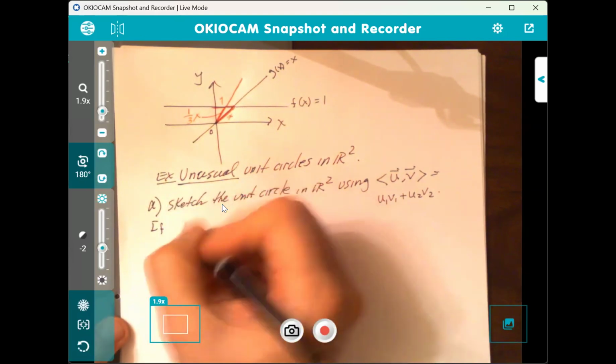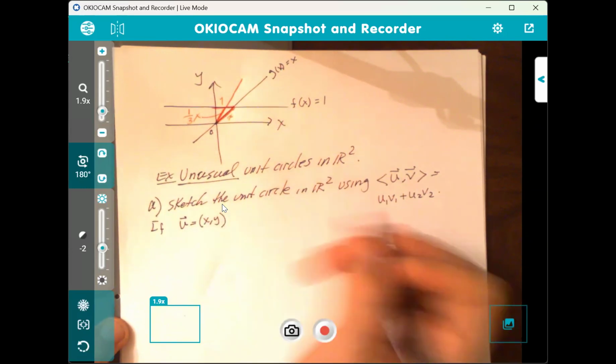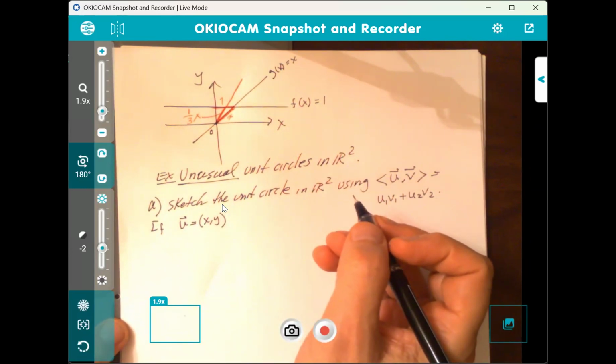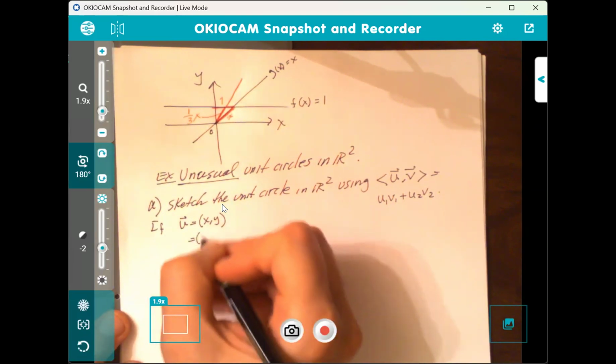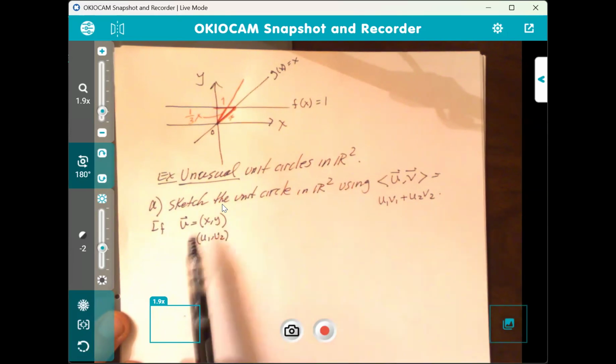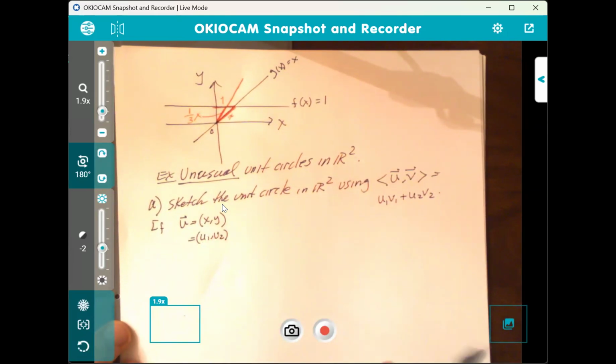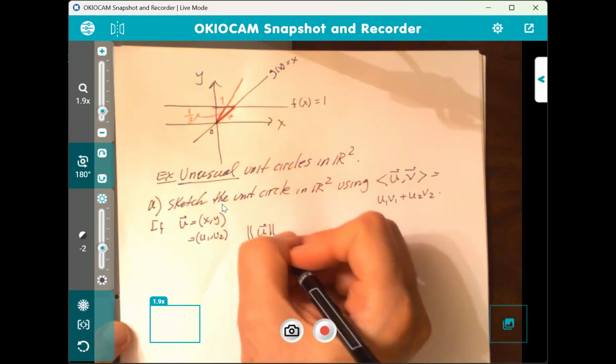If u is xy, we can relate this to u1, u2 as components. We think of xy as components of the vector u. So how do I find the magnitude of u here?